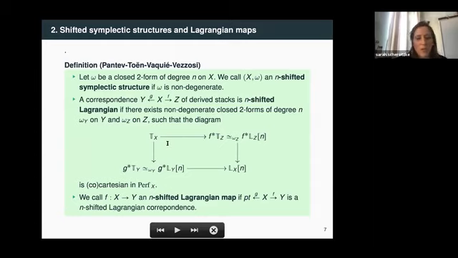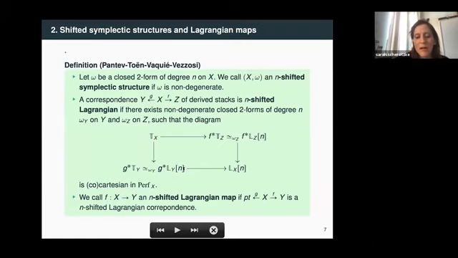So remember beforehand, if we have a map from X to Y, then we have a map between the tangent complex on X to the pullback of the tangent complex on Y. Now the non-degeneracy of the form gives us an isomorphism to the pullback of the cotangent complex on Y, shifted by n this time because it's a degree n form.